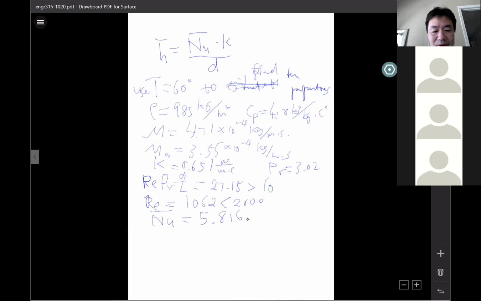This one is isothermal. The Nusselt number is not constant anymore. It is a value, but depending on the condition, you have an equation to find the Nusselt number. Therefore your H bar is 149.1 watt per meter square C.